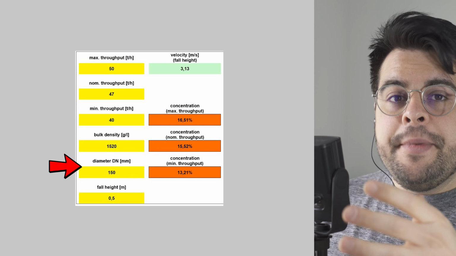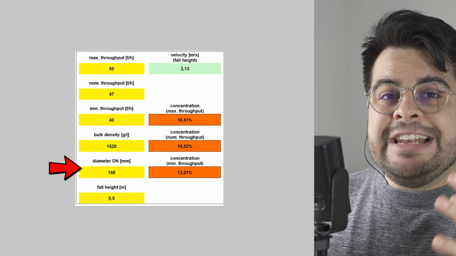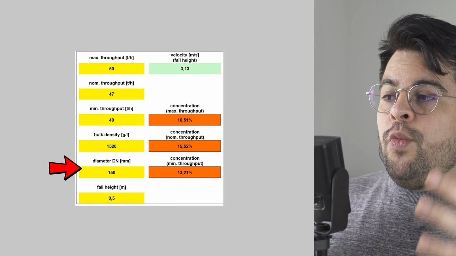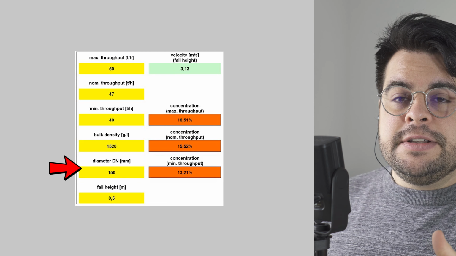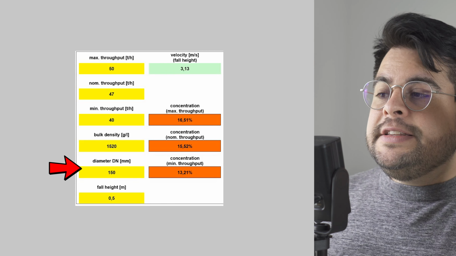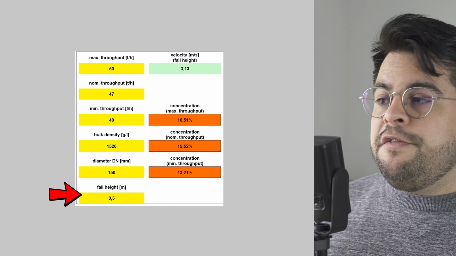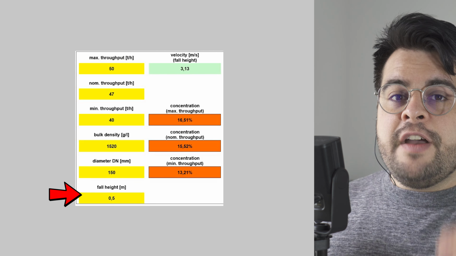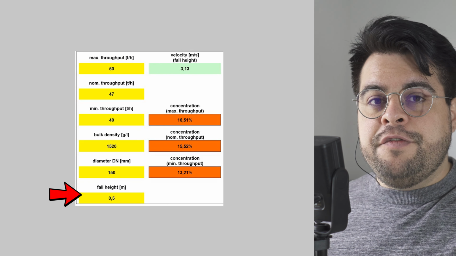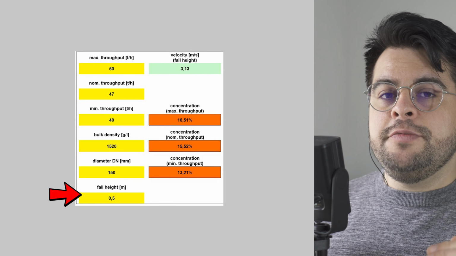The sensor selection in this case is the DN150 sensor, 150 millimeters. The sensor will be installed in a fall height of 0.5 meters, 500 millimeters from the falling point to where the sensor should be placed.